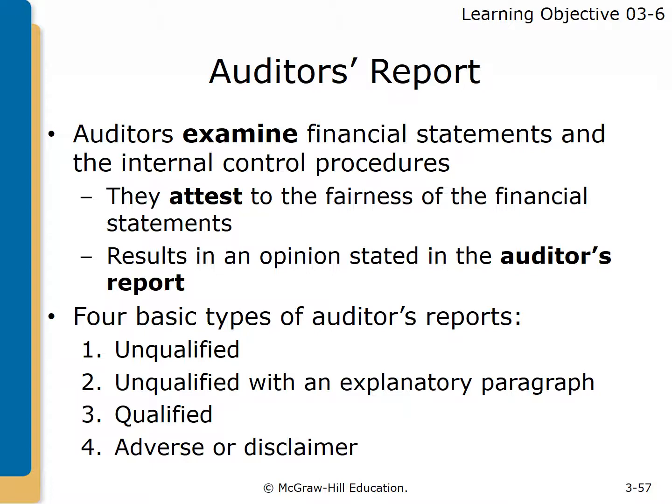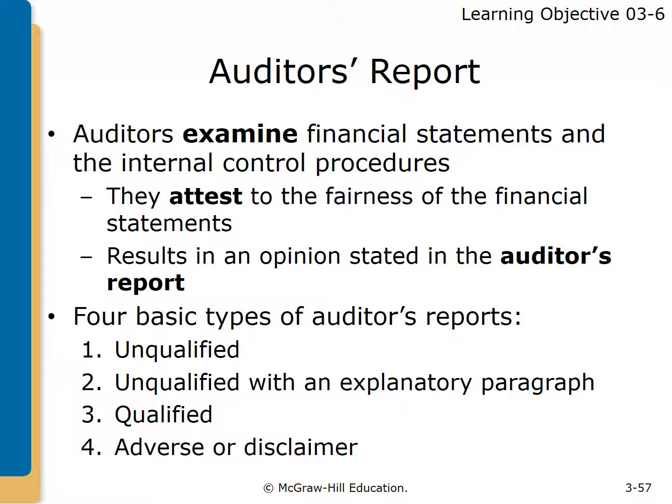A qualified opinion is either the audit process has been limited, so the company wouldn't let the auditors look at stuff, or there was a huge departure from GAAP. Neither is sufficiently serious enough to invalidate the financial statements as a whole. So it's not good, but it's not the worst.